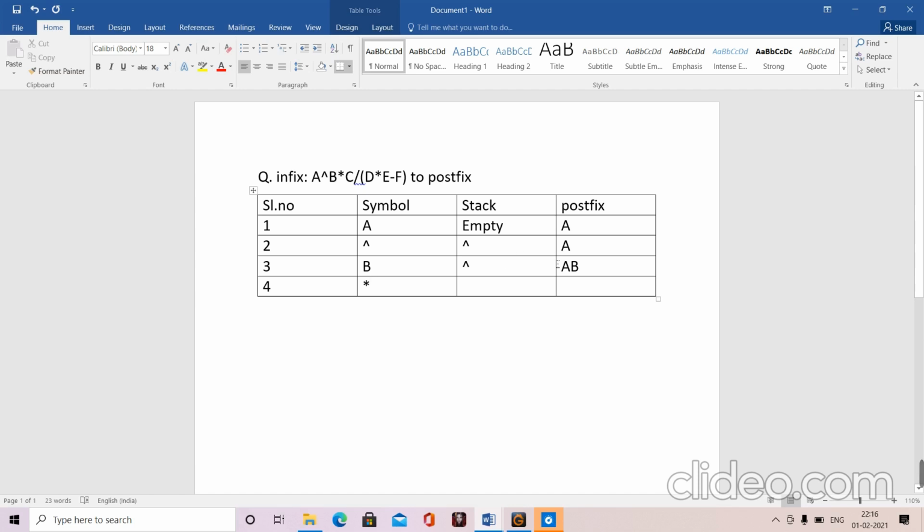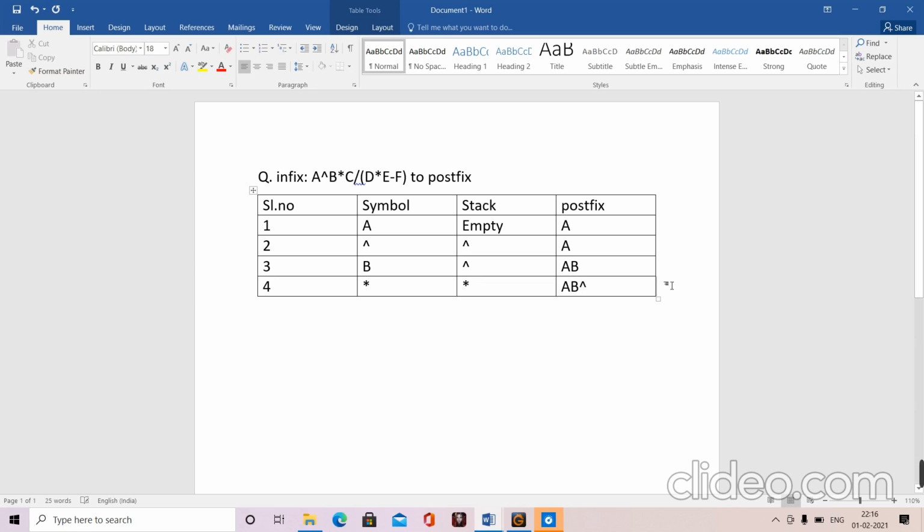Once it is popped, the multiplication symbol will be pushed onto the stack. So you will get the answer like this.